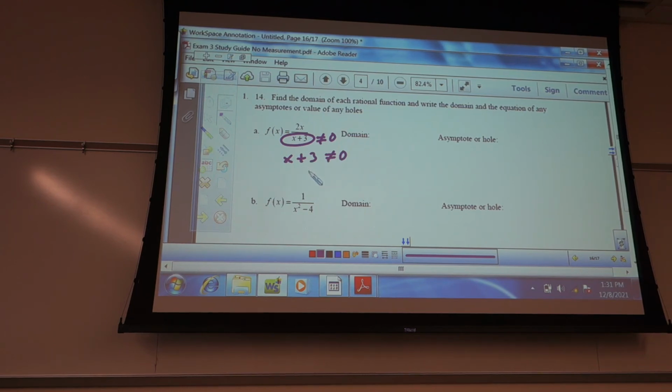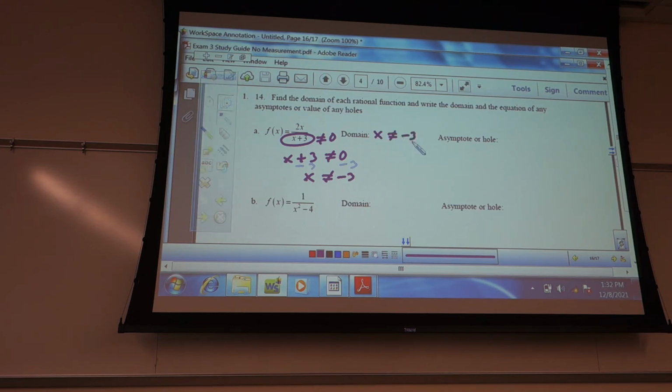What would I do? Subtract 3 from both sides. So I'll end up with x cannot be negative 3. That's my domain. X can't be negative 3.